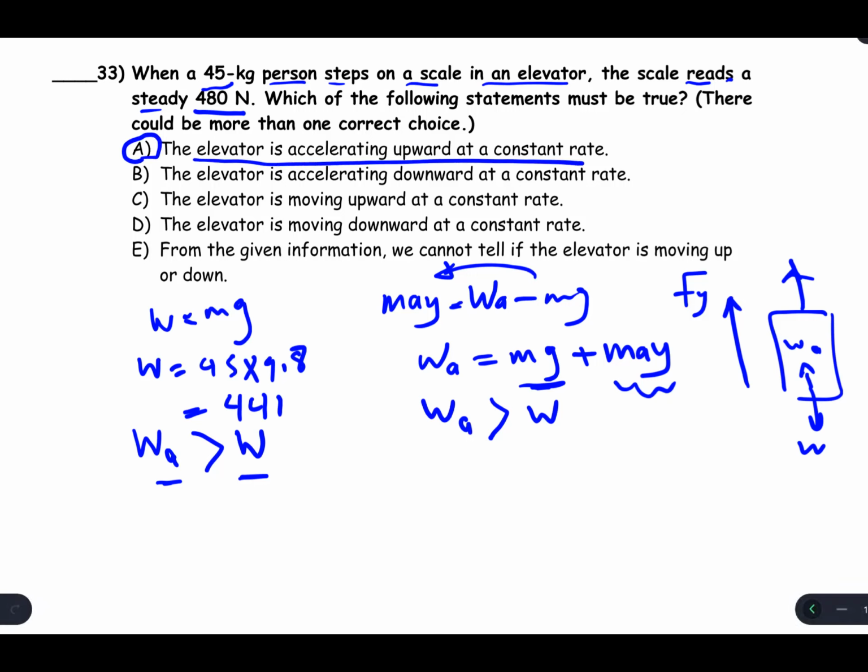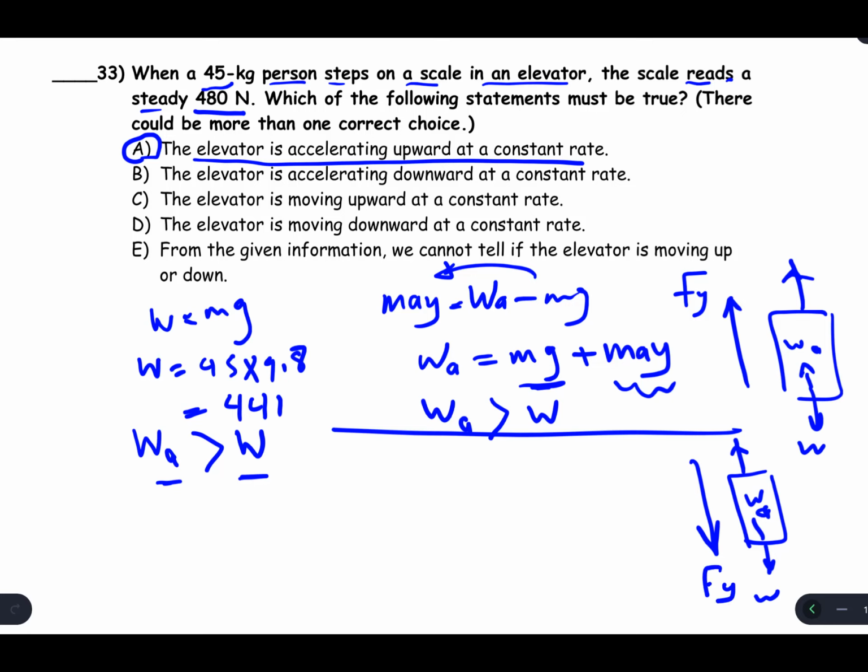But I want to say something. What if the elevator is going downward with decreasing acceleration? I'll give you the other case. This is the weight, and this is WA, the apparent weight, and the elevator is going down. So Fy down. So may equals W minus WA.